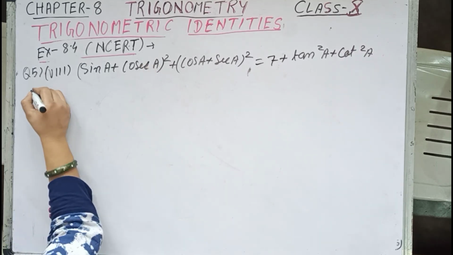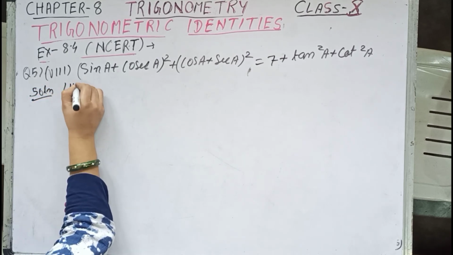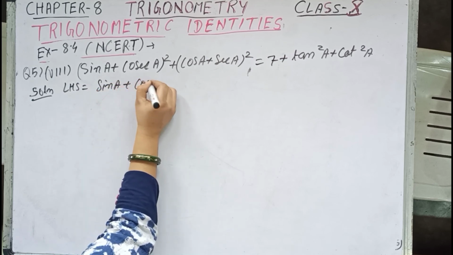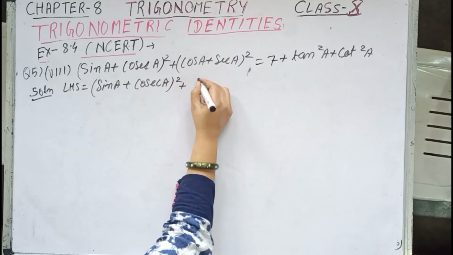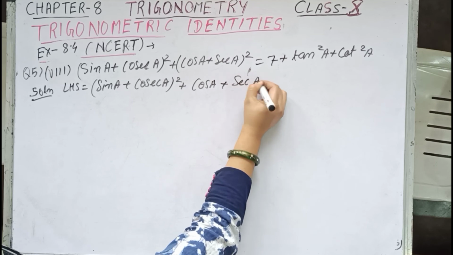So let us start. Solution. First LHS we will write. LHS equals to (sin A plus cosec A) whole square plus (cos A plus sec A) whole square.